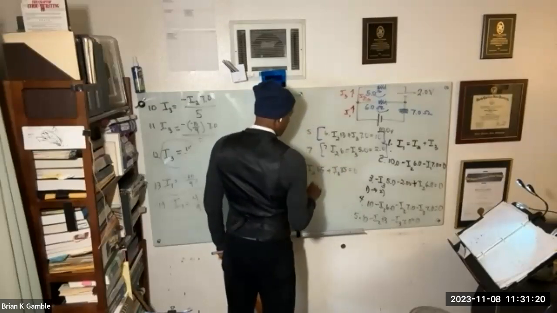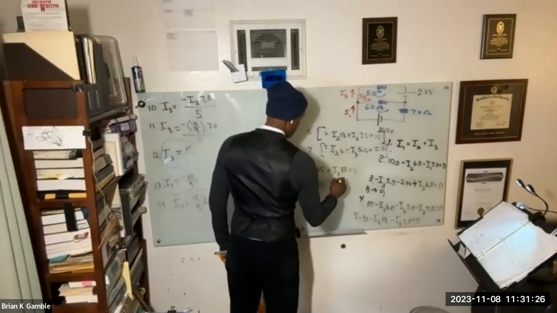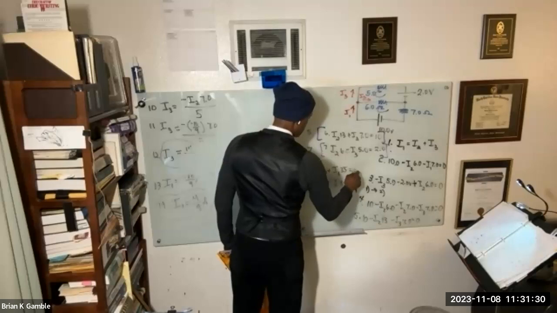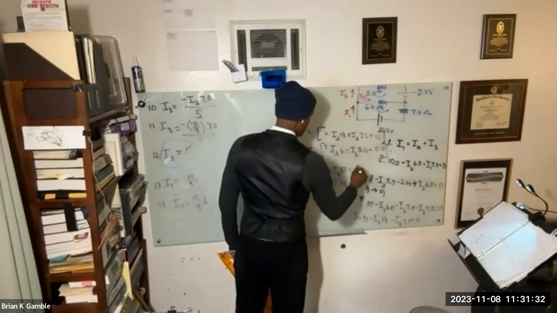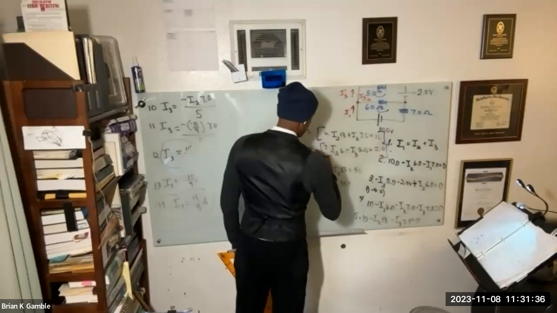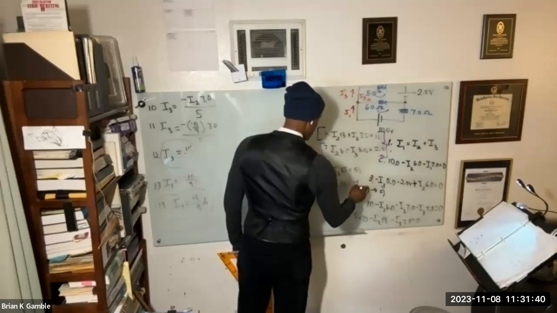And then I2 times 42, and then minus the I3 times 35 equals, and 7 times 2 is 14, right? 14.